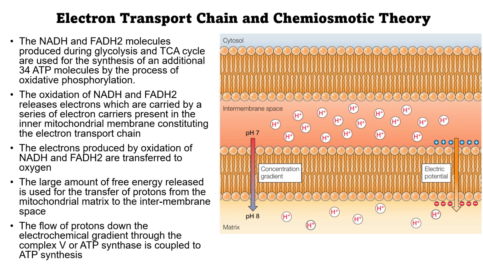First let's learn about the electron transport chain. So what is the electron transport chain and chemiosmotic theory? This is actually related to glycolysis and the TCA cycle, or the citric acid cycle. I don't know if you remember these metabolic pathways.